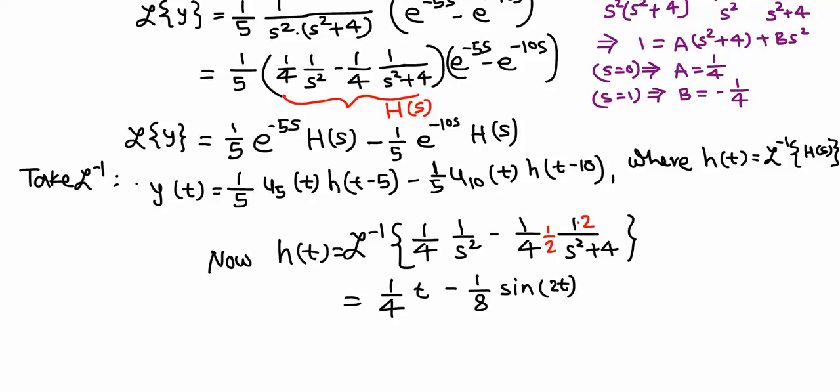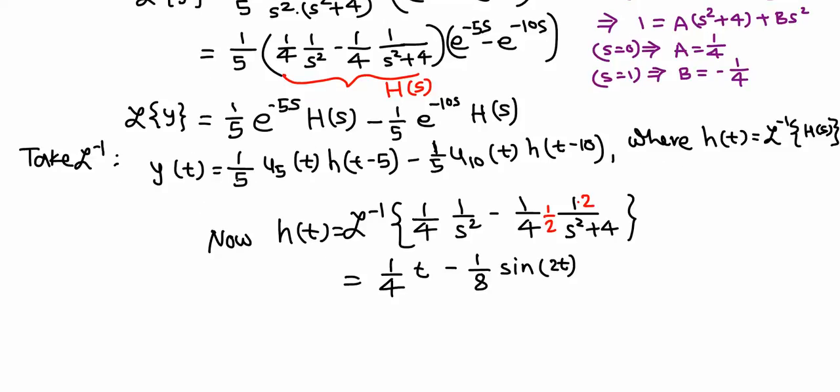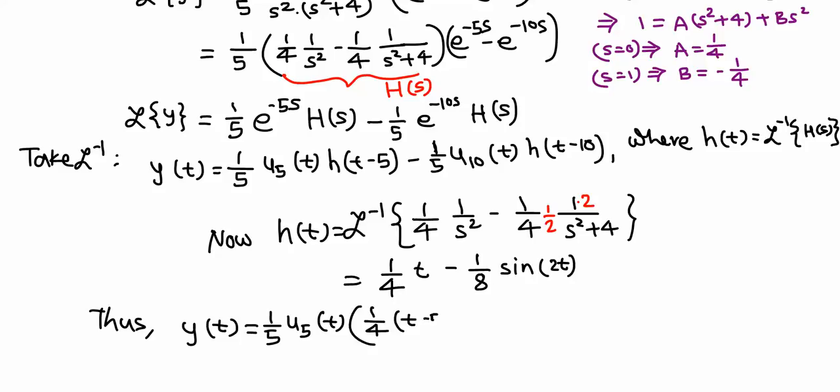Okay, then the final answer, we go back here. y, the solution of the initial value problem, is 1/5 u5(t) h(t minus 5). This is h(t), so we need to write t as t minus 5. So this will be 1/4 (t minus 5) minus 1/8 sine 2(t minus 5), so 2t minus 10.